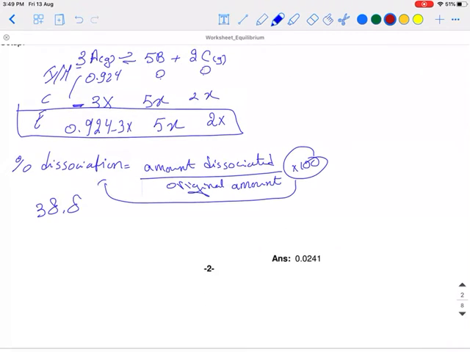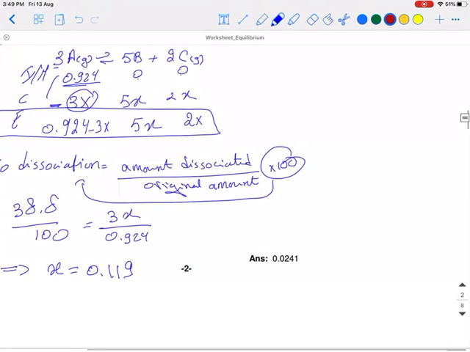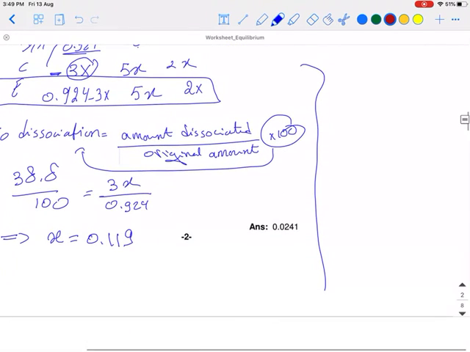I will take this 100 to the other side, so over 100. The amount dissociated is 3x, over the original amount, which is 0.924. Cross multiply to solve for x, so x equals 0.119.